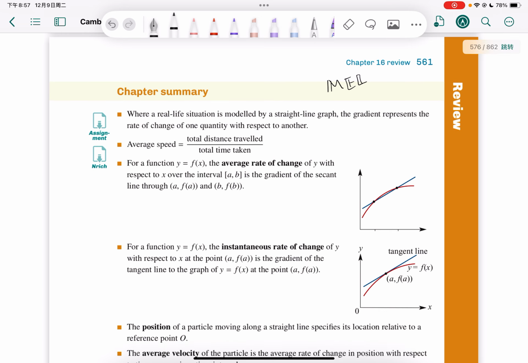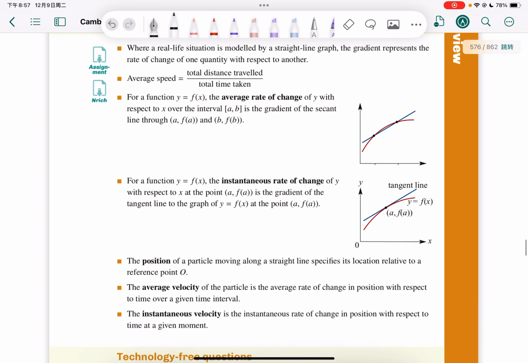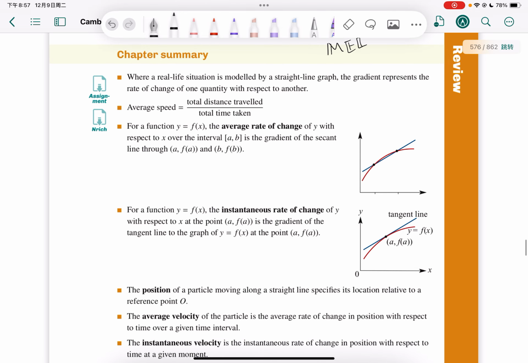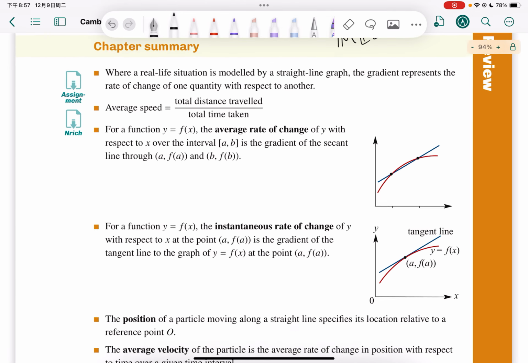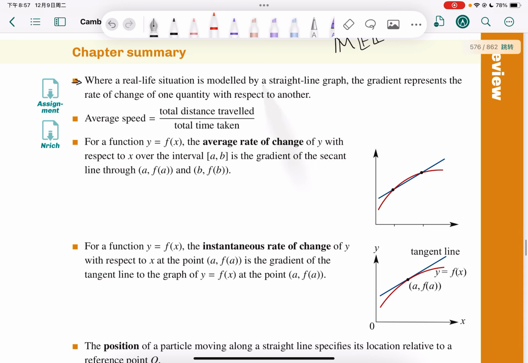This one relates many concepts about the physical world, like the velocity, the position, and stuff. So let's go through bit by bit. First, where a real-life situation is modeled by a straight line graph.